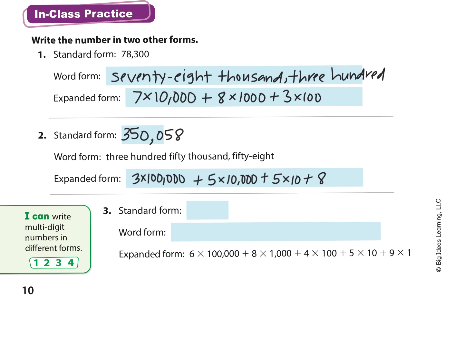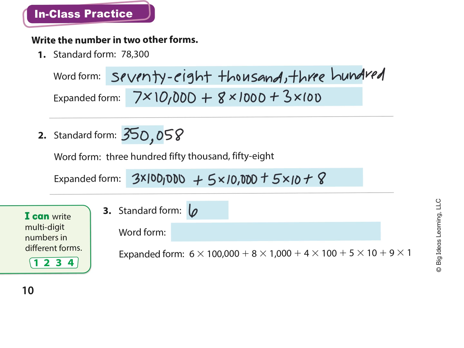And then number 3. Standard form. This time I'm condensing everything. It's got it all expanded out for me, so I'm going to just write the values of each digit. Looking at expanded form, I have 6 times 100,000. What would be my first digit? 6. And then 8 times 1,000, not 10,000.